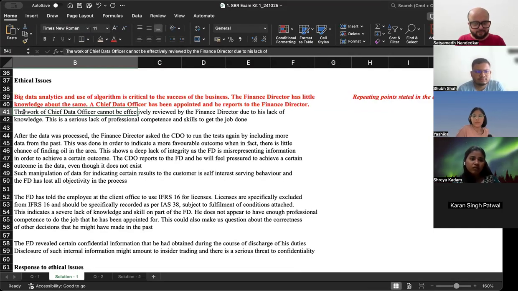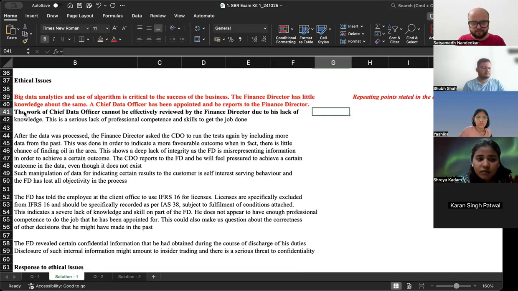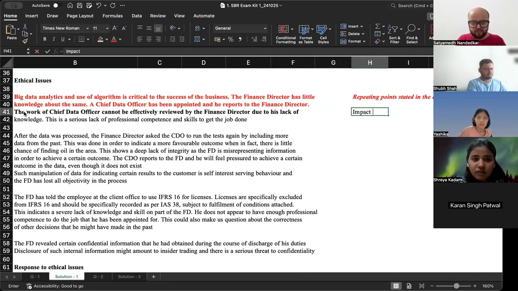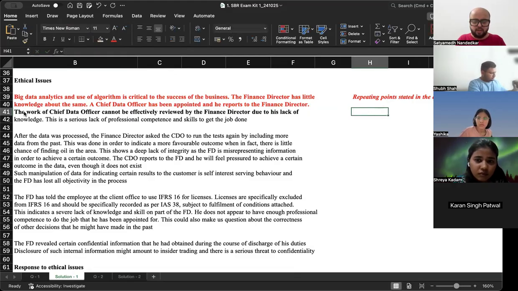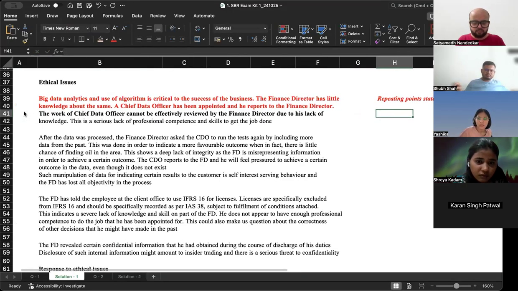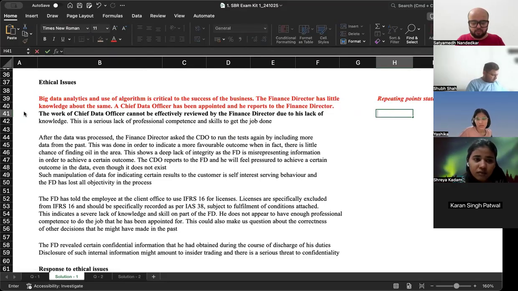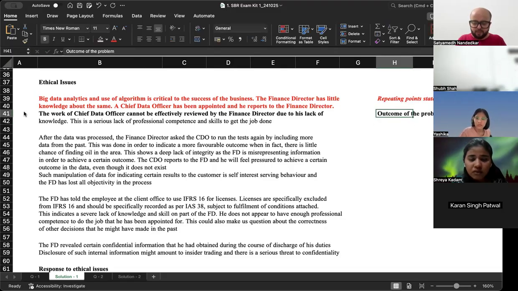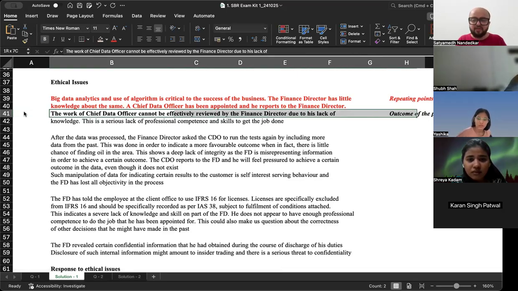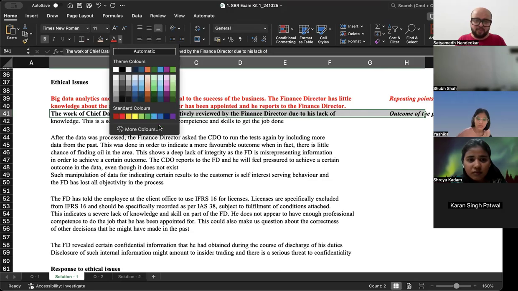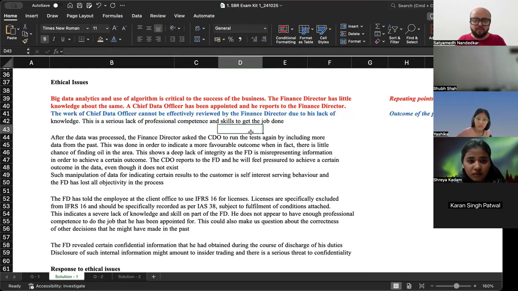Then impact, or rather, outcome of the problem. This issue, because of this, what has happened? The finance director cannot effectively review the data. Our problem is that he is unable to review the data.